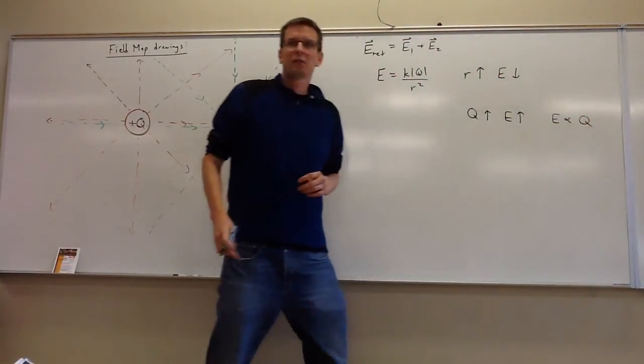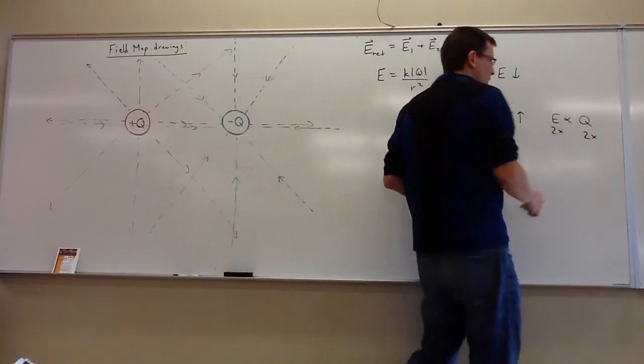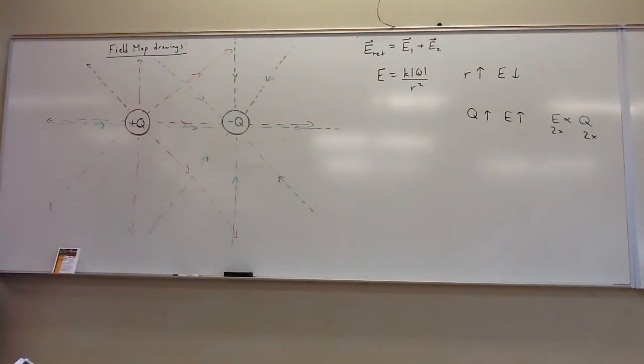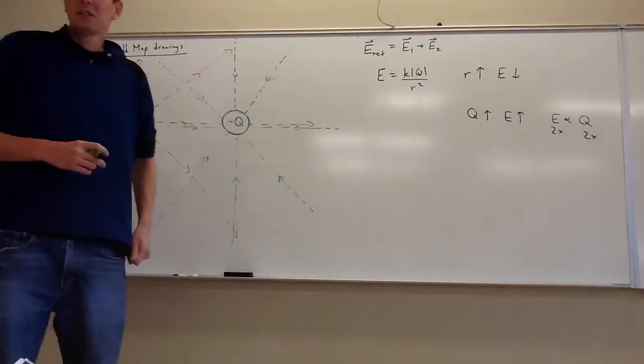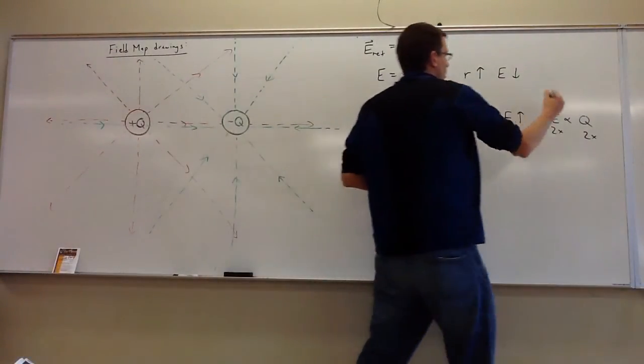Which means that if you double the amount of charge, you're going to have twice the strength of the electric field at the same distance, just as an example. Or if you have 3 times the charge, you'll have 3 times the field strength at the same distance, and so on and so forth. So let me take a look at how to make sure that both of these are faithfully represented in our drawings.